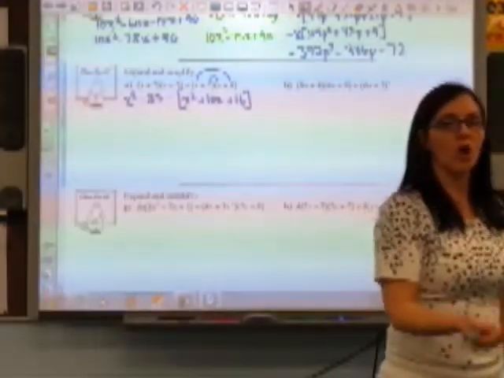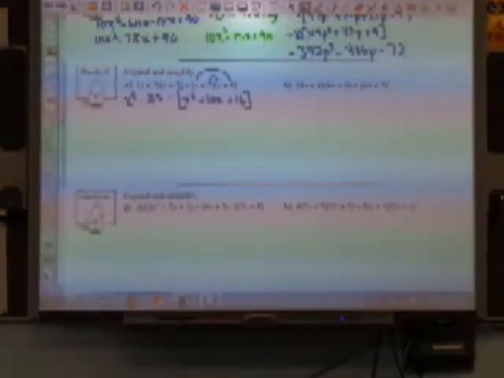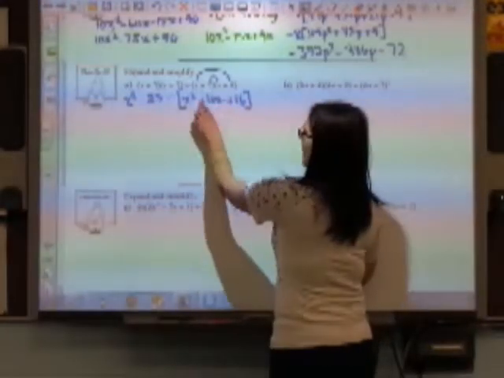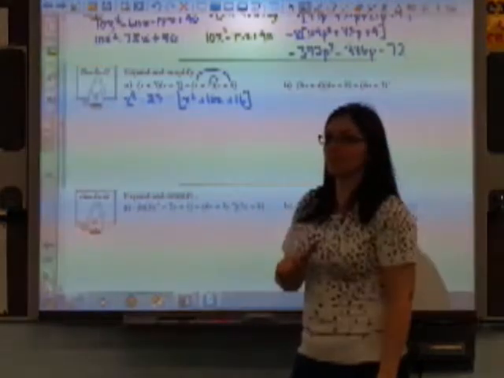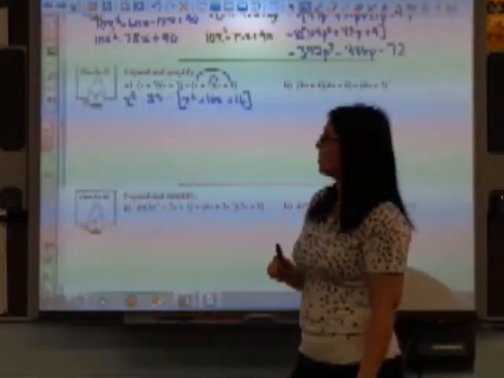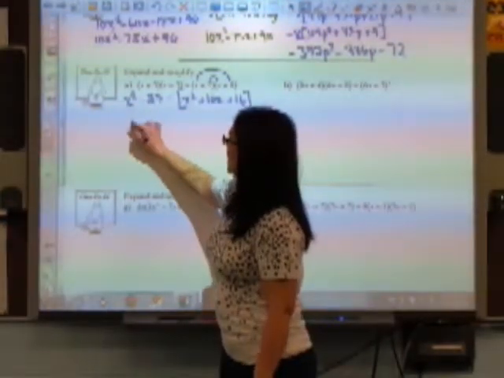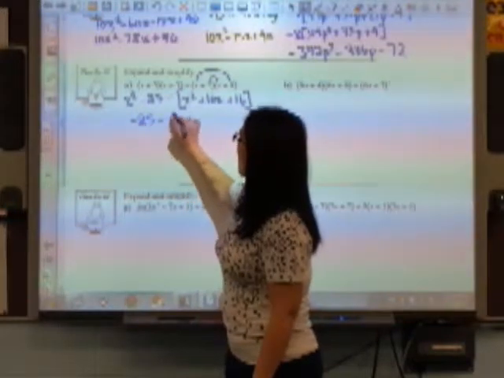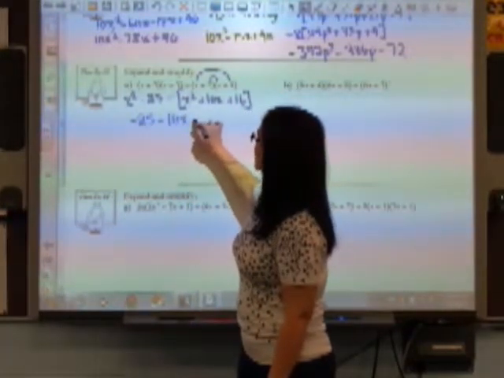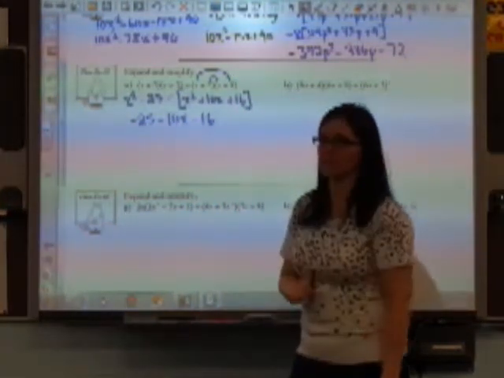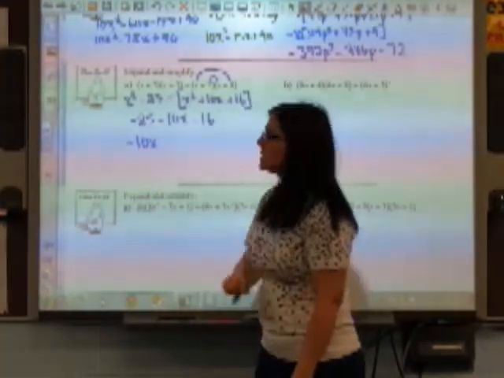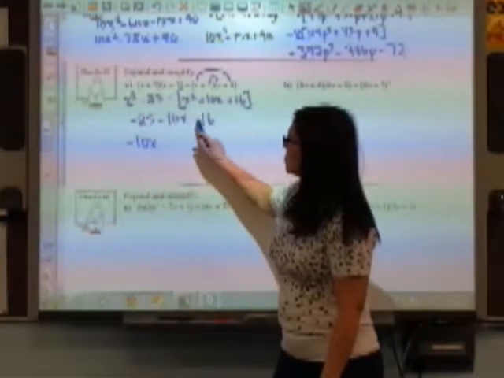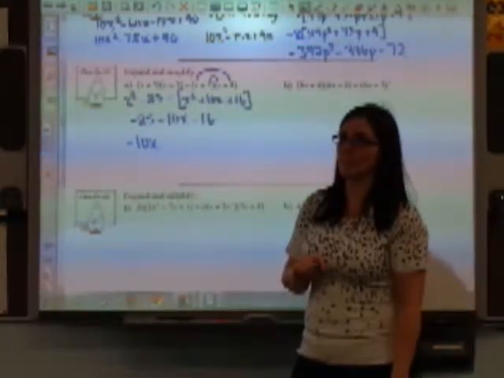So instead of writing out all 4 terms, I could simplify the outside and inside terms together in one step. X squared minus x squared, 0. Then I've got negative 25 minus 10x minus 16. So the negative 10x I would bring out to the front, and negative 25 minus 16.